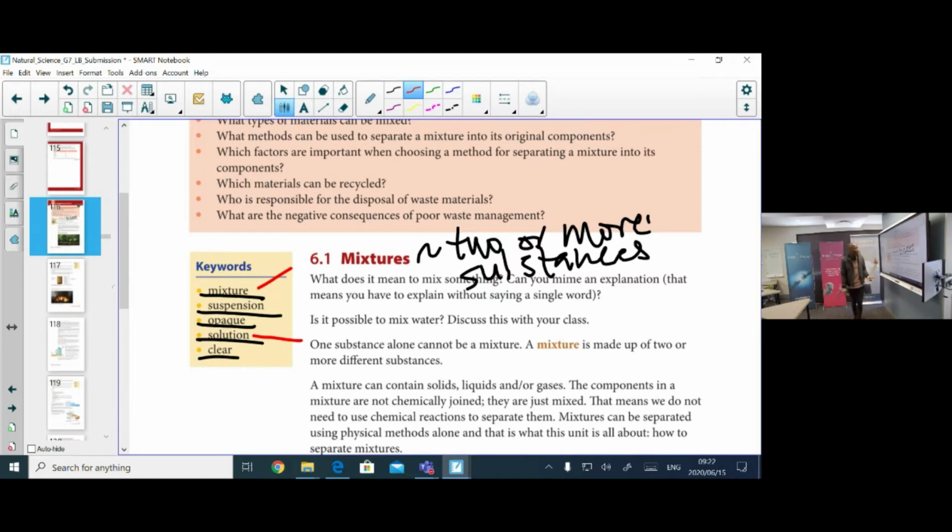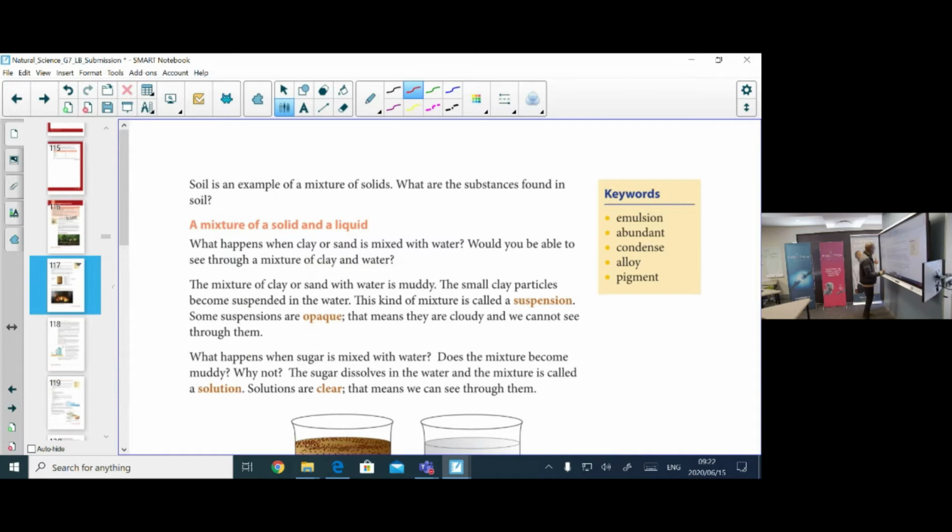An example can be a tinted window. Another example can be a solution of sugar and water. When you look through a solution of sugar and water, you'll see that it is a brownish substance that comes through.